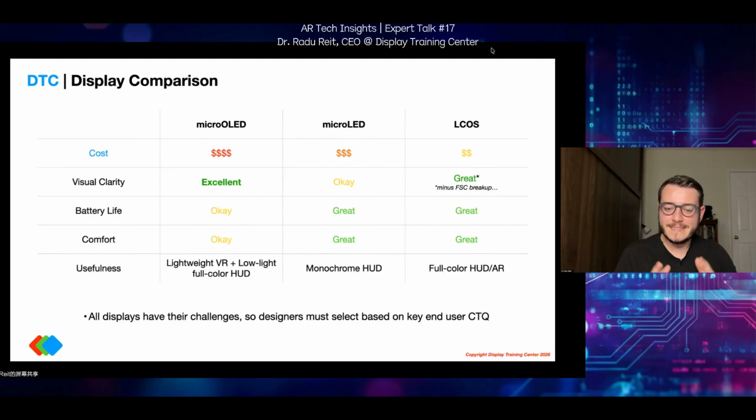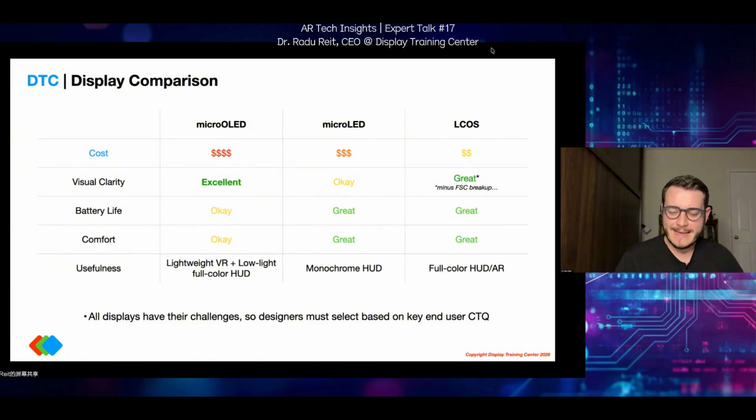MicroLED is kind of the nice middle here, where the cost is lower, certainly than micro OLED, but it's still not low enough. We're not using the same economies of scale that we have for commercial LED packages yet for micro LED, and so the cost is still very high compared to other microdisplay technologies.